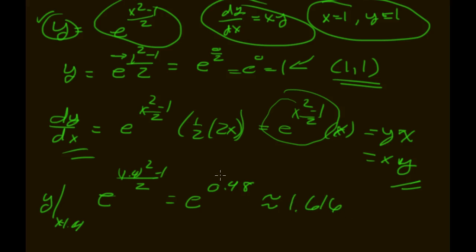Now, if I compare that to the 1.545 that came out when I did the original analysis using Euler's method, the relative error here is 4.4%, which isn't bad.